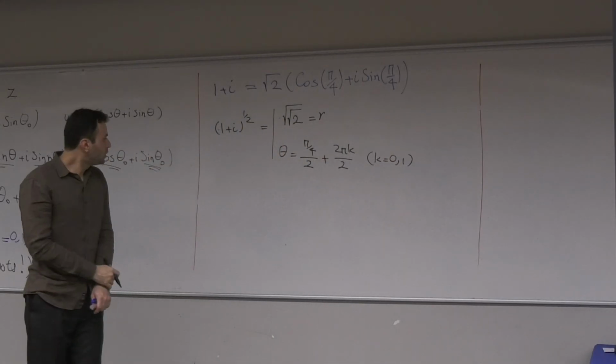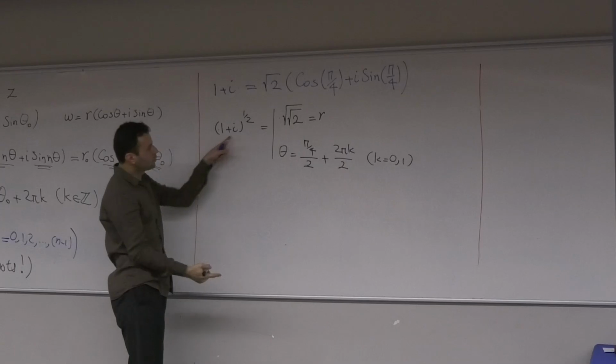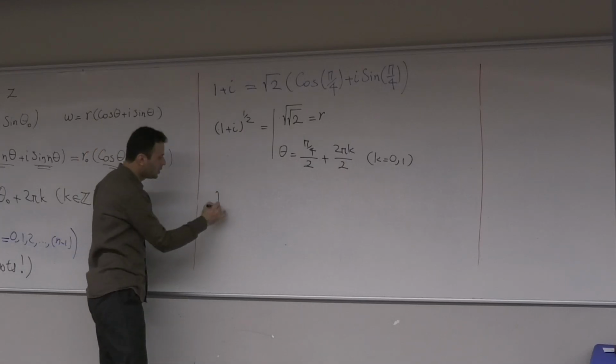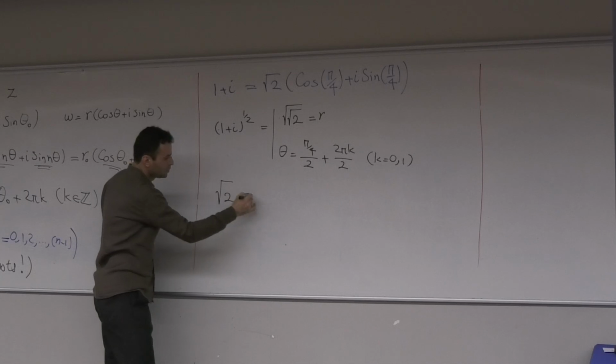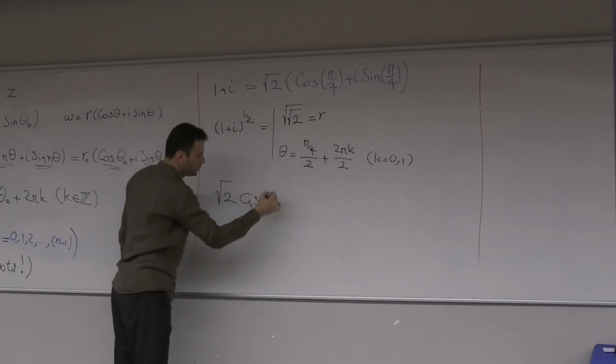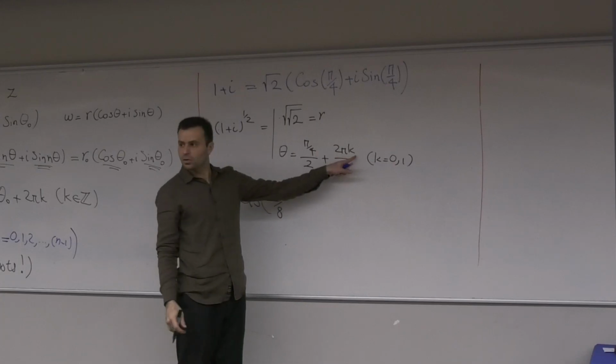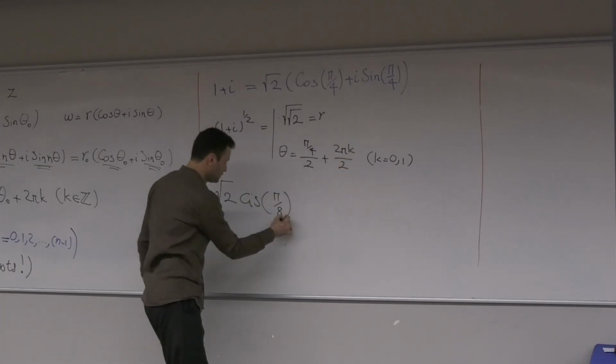Okay? So what are these two values for the square root of this 1 plus i? The first root is square root of 2 CIS of pi divided by 8. If k is 0, we have nothing here.